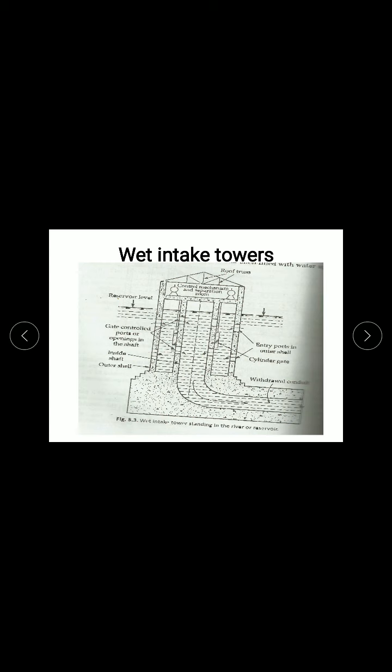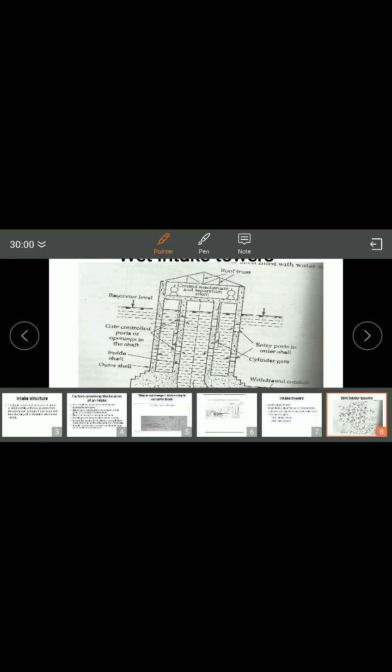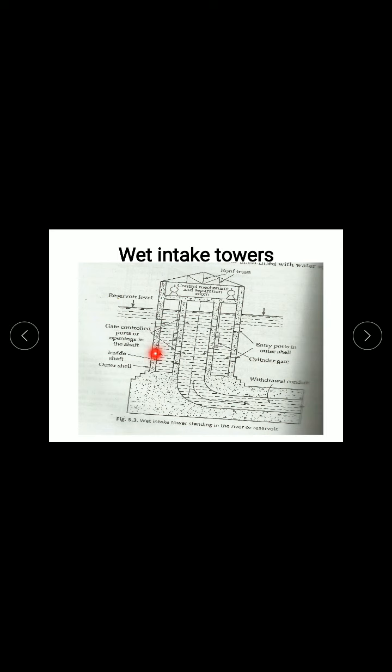Initially, you can see the gates here, and you can see the ports. There is a port in the outer shell and even in the inside shaft. So water enters, and there is a gate valve to control that.